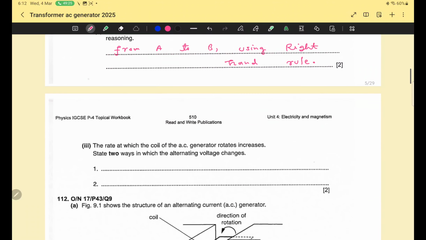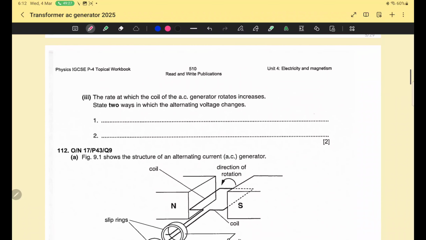Okay, and now the third part: the rate at which the coil of the AC generator rotates increases. It means you are rotating the coil at a faster speed. Then the alternating voltage changes in two ways.